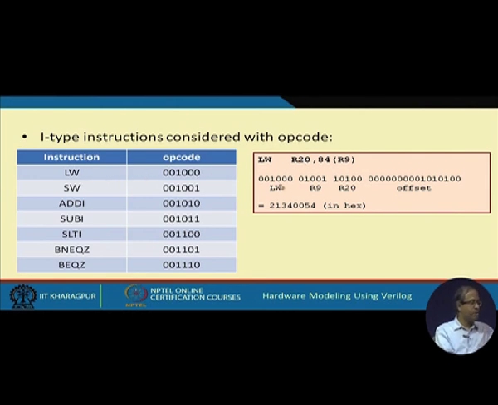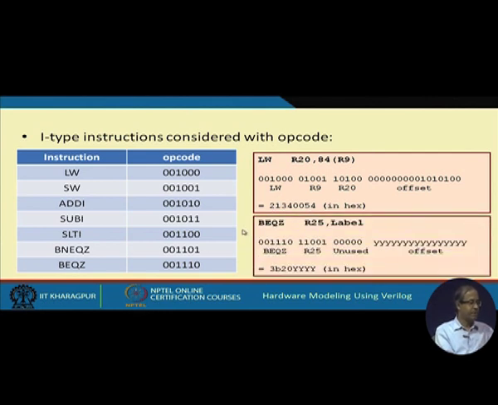So, load opcode is this, source is R9, destination is R20, this is 20, and in the 16 bit offset we write 84. 84 is in decimal, if you convert it to binary, this will be the binary equivalent for 84, this you can check. So, again if you convert this into hexadecimal, the hexadecimal form becomes 21340054. This instruction is encoded like this.